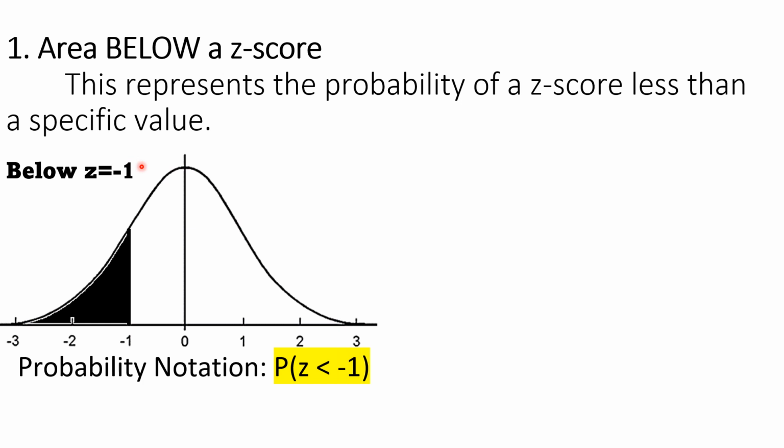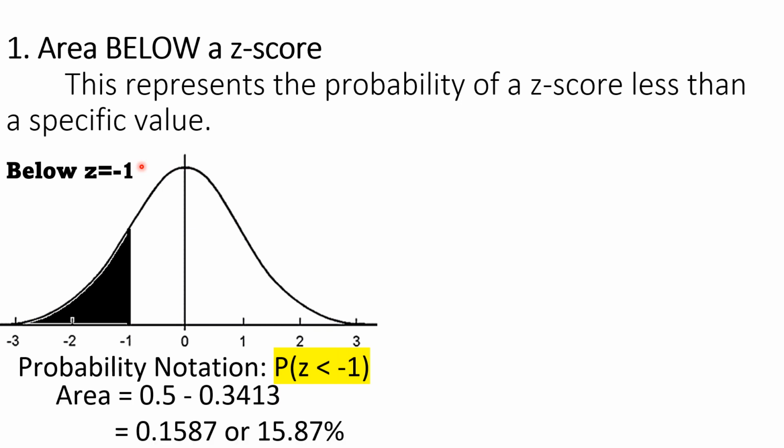The area of -1 on the z table is 0.3413. So it doesn't matter if it's negative or positive, right? Just disregard the negative sign to get the area.